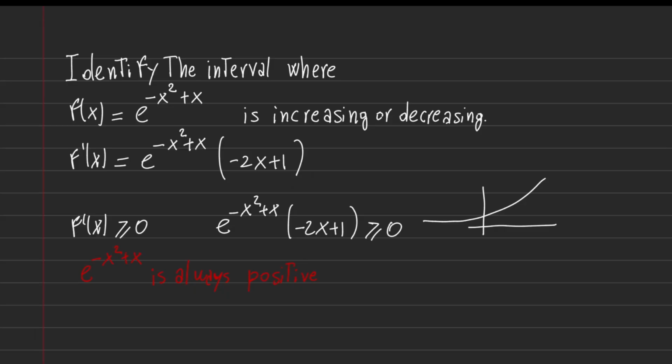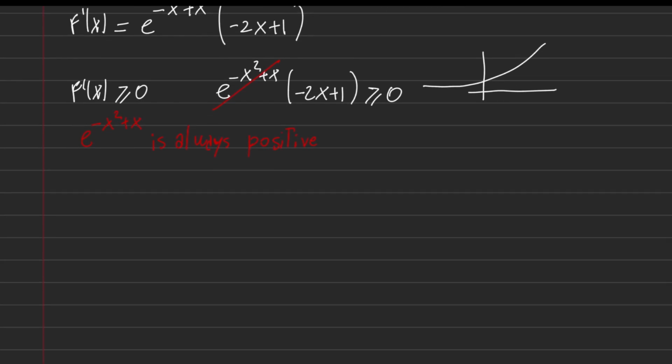So we can simplify by the exponential on both sides without changing the sign of the inequality. So this is going to be perfect. So we have just to study wherever minus 2x plus 1 is bigger or equal than 0, which means that x has to be less than or equal than 1 over 2.